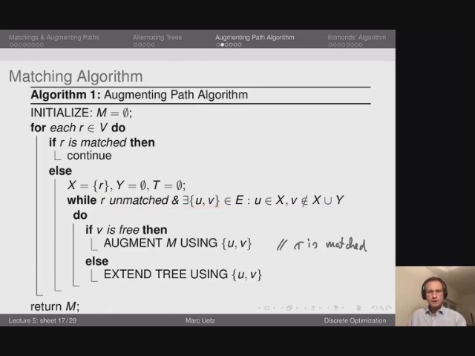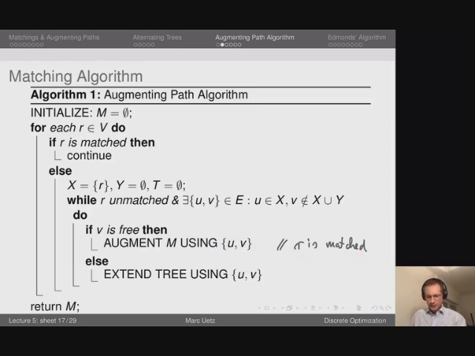Now, two things can happen in each of these iterations of this while loop. Either we find that the vertex V is a free vertex, and remember that means that we will have found an augmenting path for the current matching M. And then we just use it and we augment the matching M. The important thing to realize at this point in time is, since we have an augmenting path which started at R, when this happens, then vertex R has been matched.